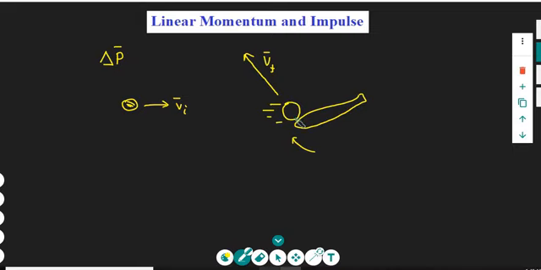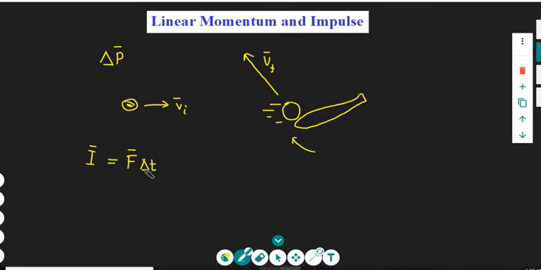And this force multiplied by that short time interval, we define as the impulse for this collision. So impulse is the second quantity that I want to define in this clip. Impulse is force multiplied by the change in time.